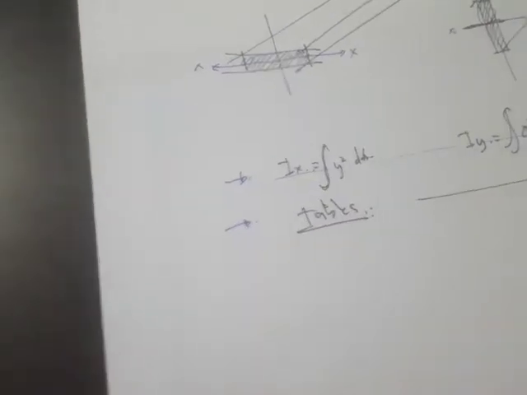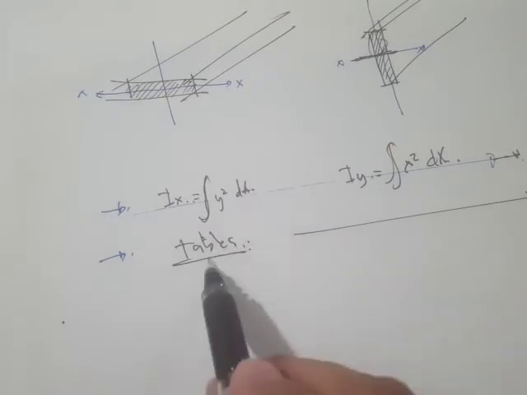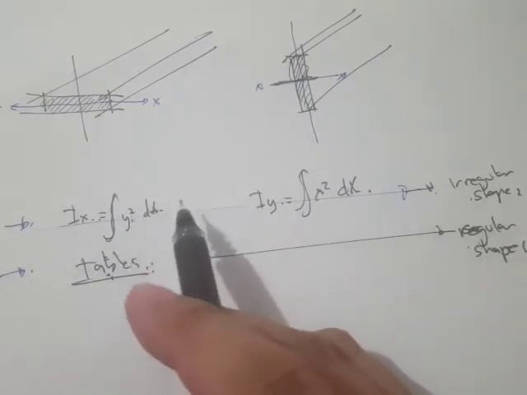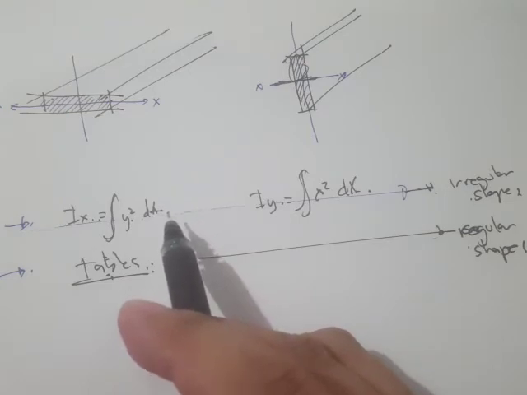Okay, what else? Now, sometimes, as I've said here, we can obtain the moment of inertia in the tables for regular shapes, like for example a parabola, or maybe some other higher degree curves.